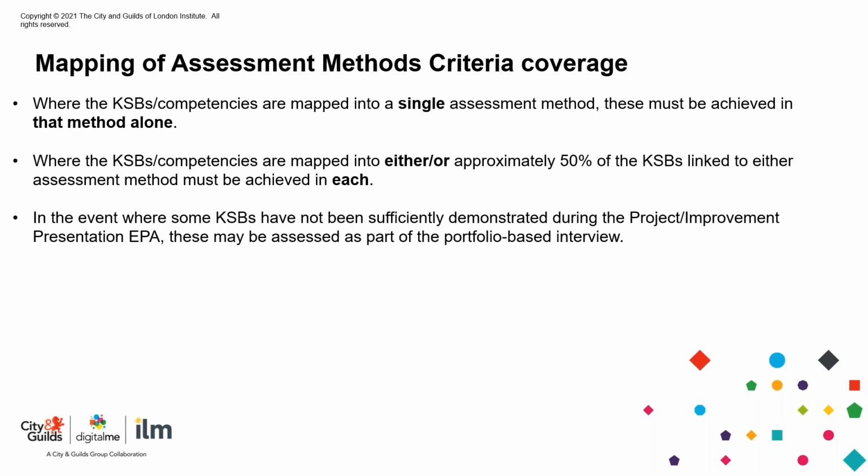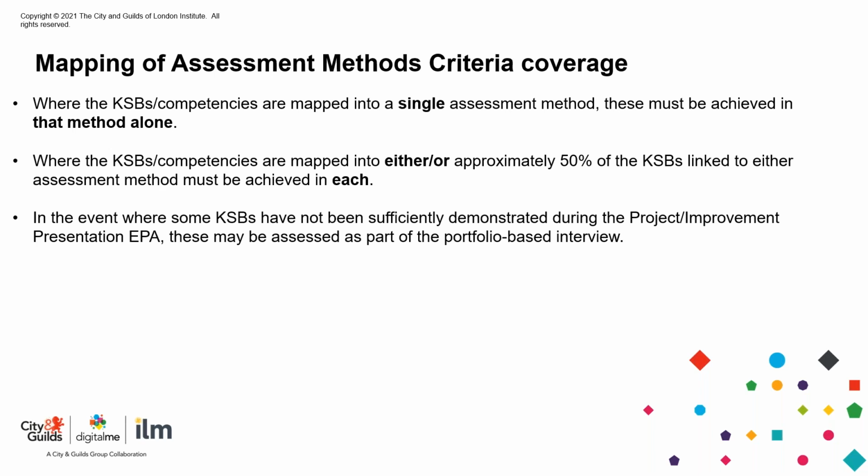the way the assessment criteria are spread across the different assessment methods is guided by whether the KSB's competencies are mapped into one assessment method only. And when this is the case, then they must be assessed in that method alone.